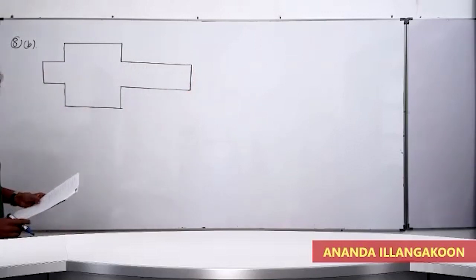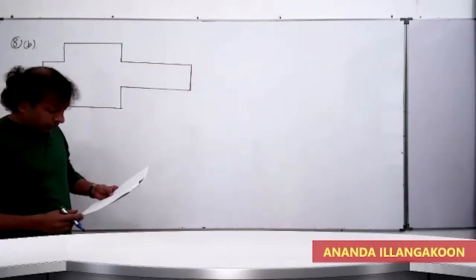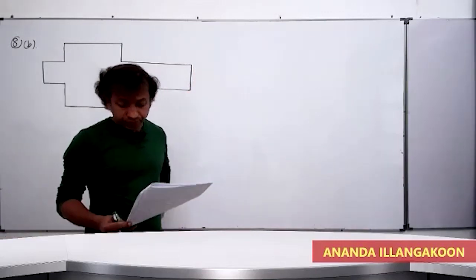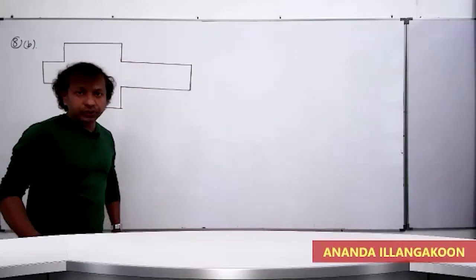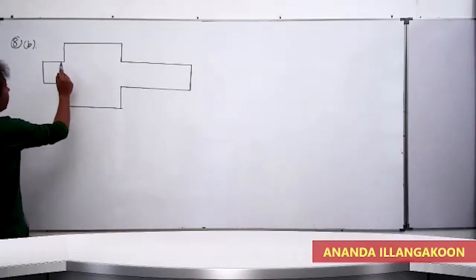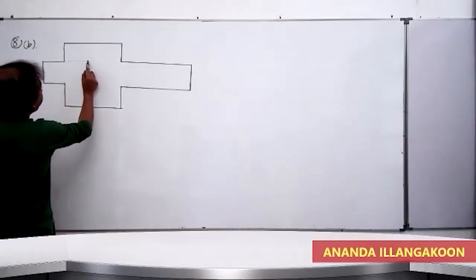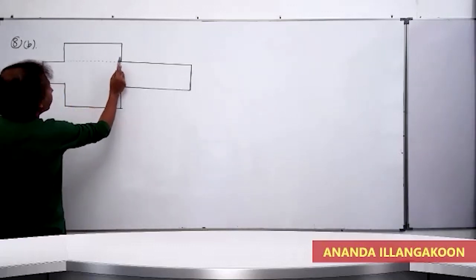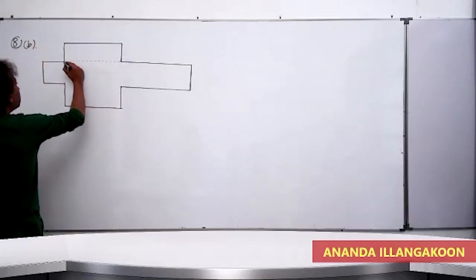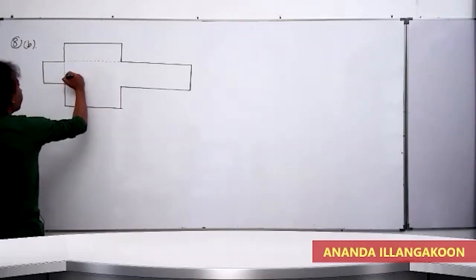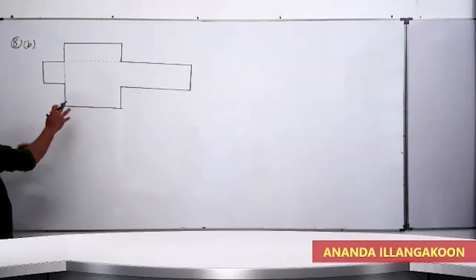Right, people, this way a piece of cardboard is given. Can you understand the way of forming this box? Now it is formed like this. Along this edge, this portion is folded up this way. Along this line, this is folded up like this.